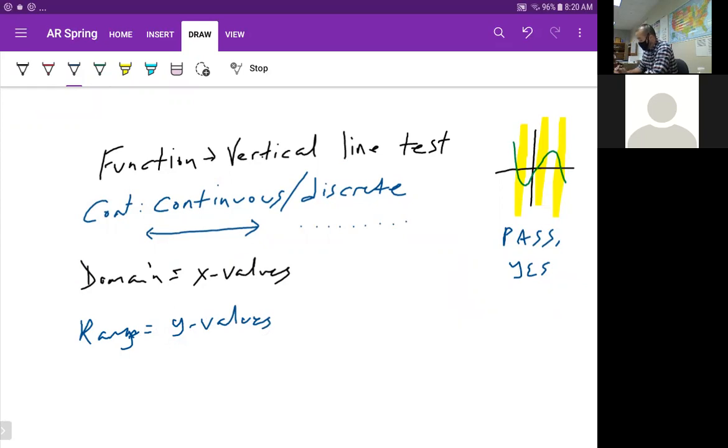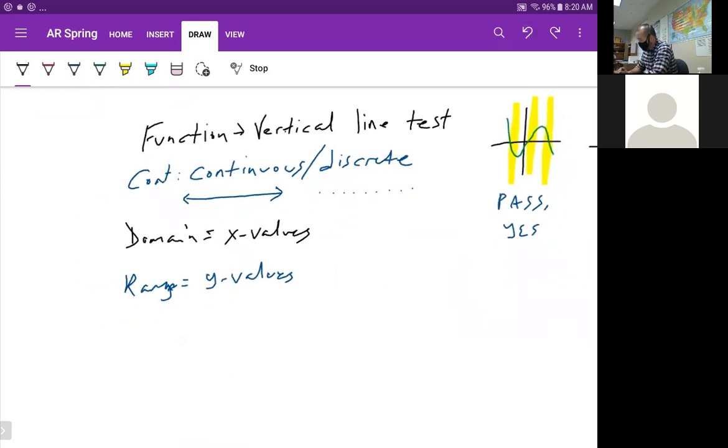Remember that the brackets mean you include it. Open circle, infinity.